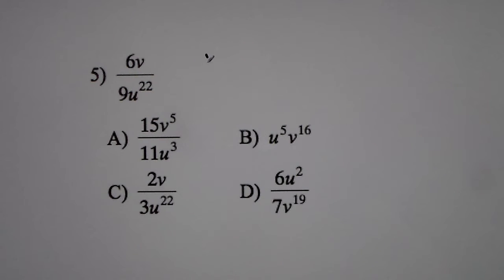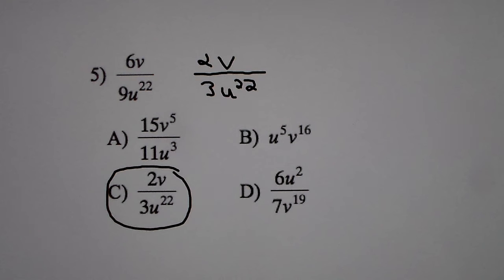We do 6 divided by 9, math 1, enter on our graphing calculator, and we get the fraction 2 over 3. Now since we can't do anything with the V, we rewrite the V. And since we can't do anything with the U, we rewrite the U. So our final answer is 2V divided by 3U to the 22nd, which is C for number 5.